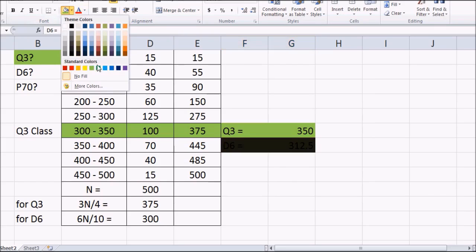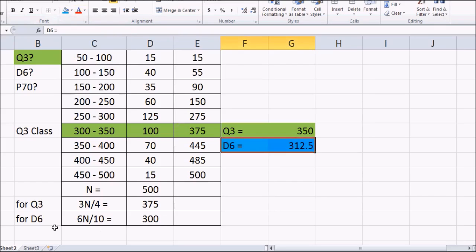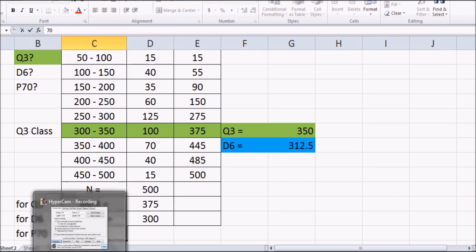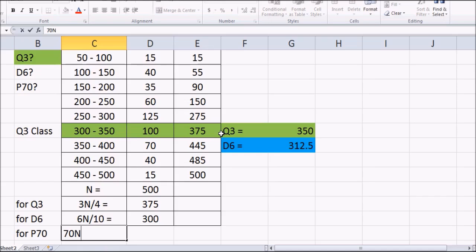Yeah, okay, and then finally I need to find the P70 value. So for P70, let's find the class. I need to do 70n by 100. Okay, so it is 70 multiplied by n, which is 500, and that divided by 100.